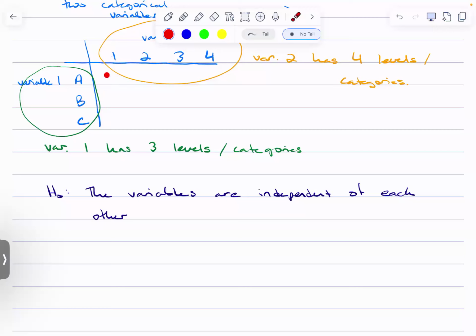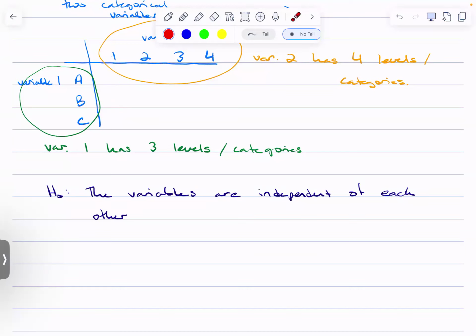If these variables are independent of each other, then we would expect, and pay attention to that word, the distribution of the counts for level 1, let's say, across all 3 levels of variable 1 to be roughly the same.